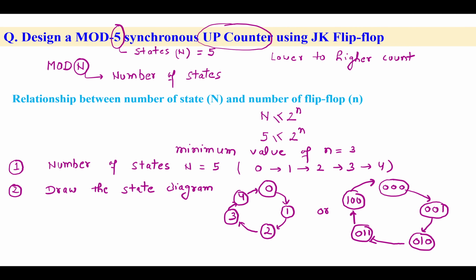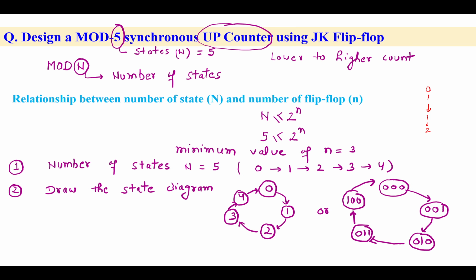In this question you design an up counter. Up counter means we go from one state to a higher state, like 0 to 1, 1 to 2, and so on. This process is up counting.